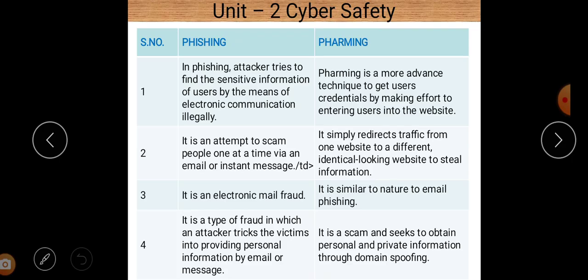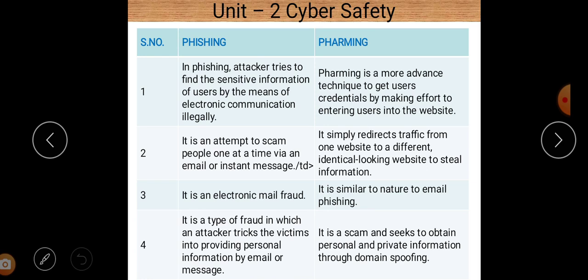Then phishing is important to scam people one at a time via an email or instant message. And pharming simply redirects traffic from one website to a different, identical-looking website to steal information. Next, phishing is an electronic mail fraud, similar in nature to email phishing.